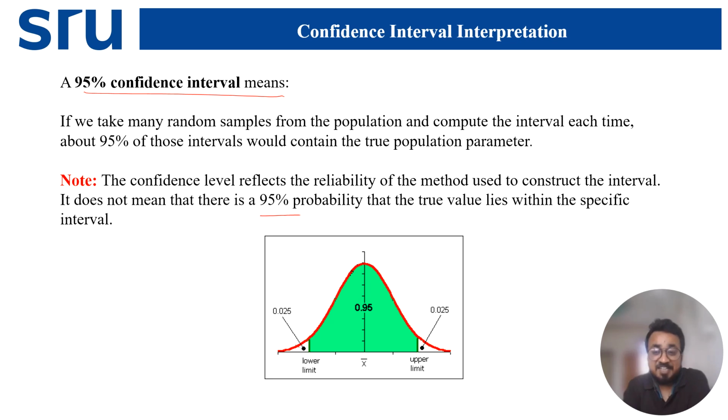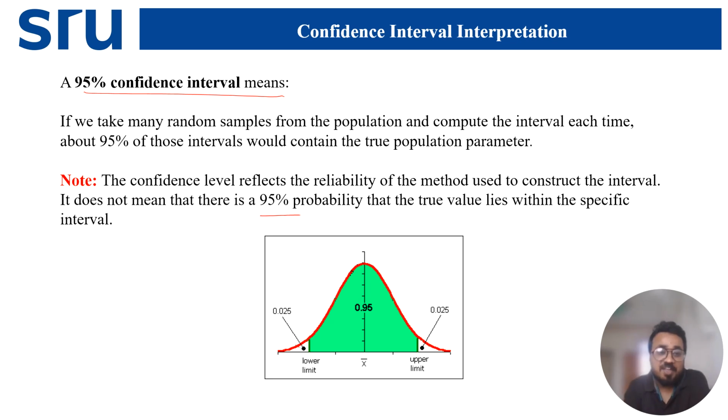Now here is the catch. It doesn't mean there is a 95% probability that the true value lies in this interval. This is a very common mistake. Instead it means the method is reliable. Note that a particular interval does not have that probability.